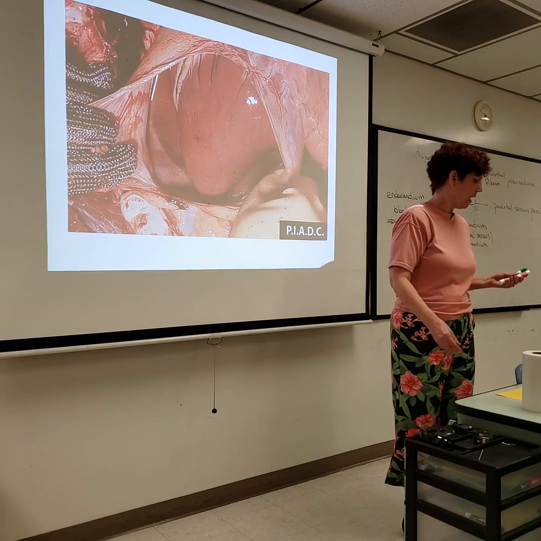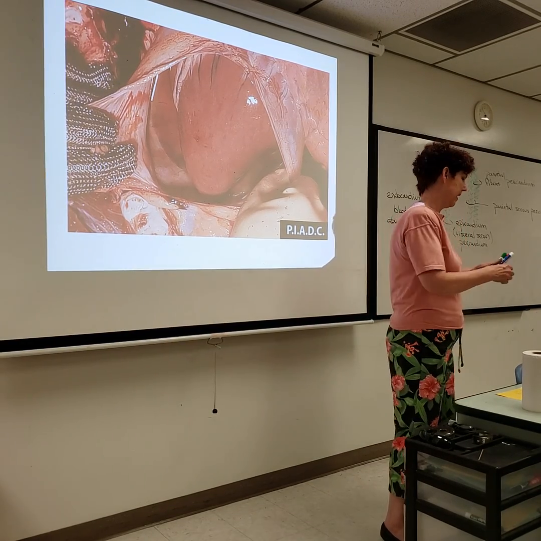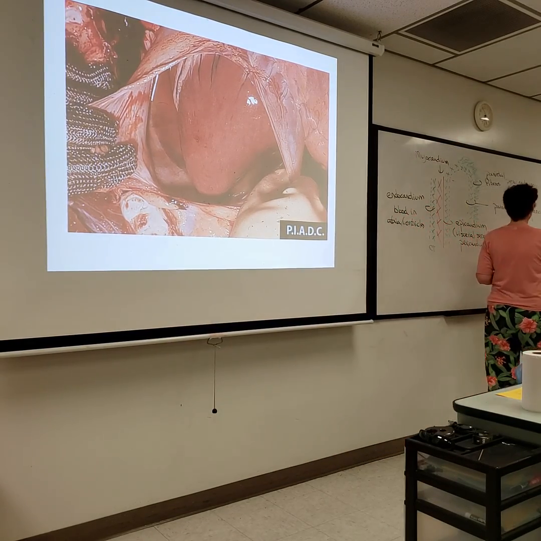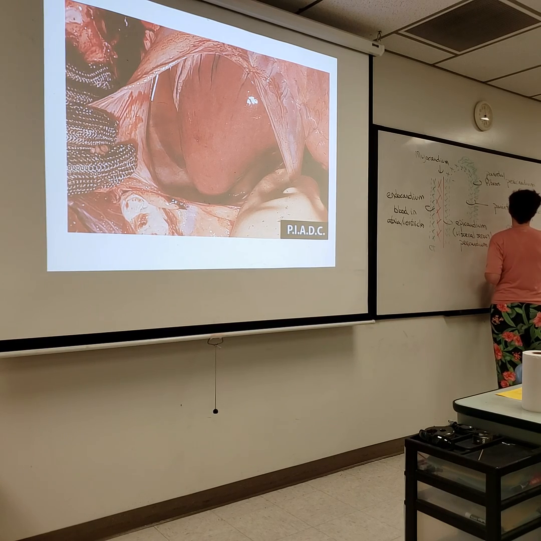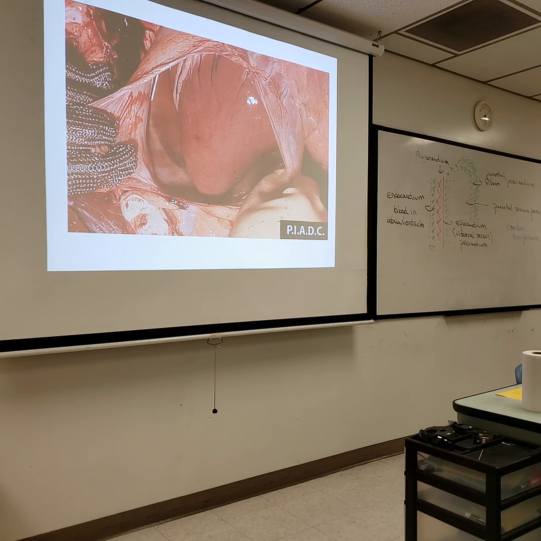Now, anybody ever heard of the term cardiac tamponade? So cardiac tamponade, we're not talking about a tampon here, but this occurs when some kind of fluid, either blood or some kind of fluid, fills up more than the normal 15 mils into the pericardial cavity.